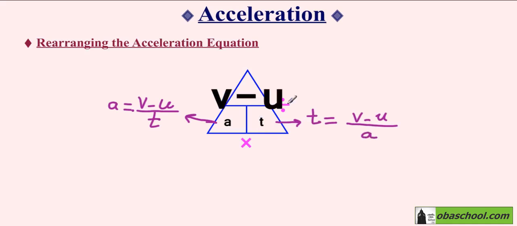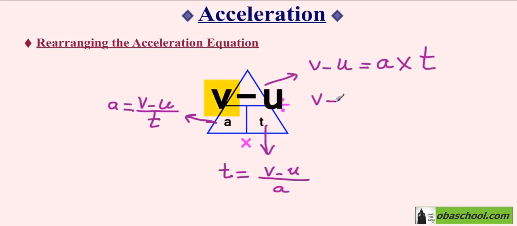And now, to find the change of velocity, which is v minus u, it's equal to the components a and t, and there's a vertical line between a and t, which refers to multiplication. So v minus u is equal to a multiplied by t. If the question asks us to calculate either v or u, all we have to do is rearrange this equation.